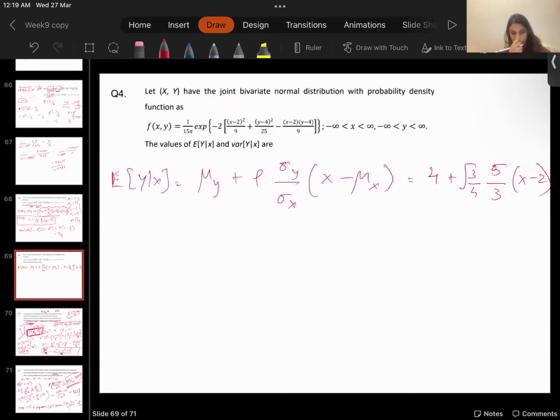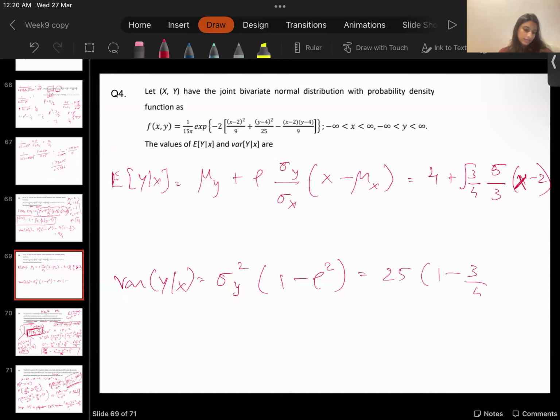If you substitute all the values, you get the answer in terms of x. And then variance of y given x is sigma square y into 1 minus rho square. Sigma square y is 25, into 1 minus 3 by 4, so 25 by 4 is your variance. So that's it. This solves your answers.